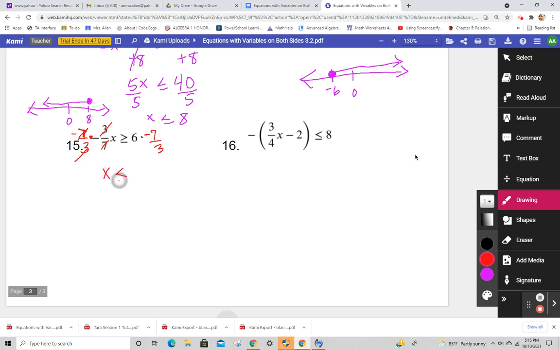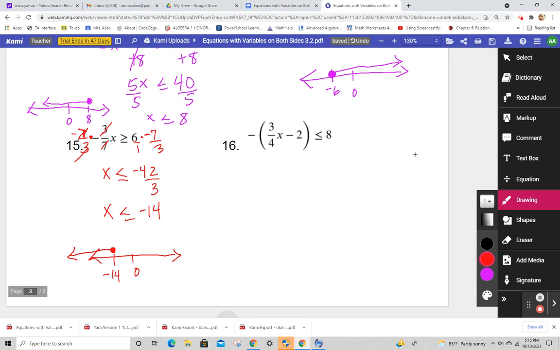We've got to flip the sign because we're multiplying by a negative coefficient. Negative 42 over 3. X is less than or equal to negative 14. And we can graph our solution set. Negative 14 would be on the left side of 0, and it would be equal to or less.